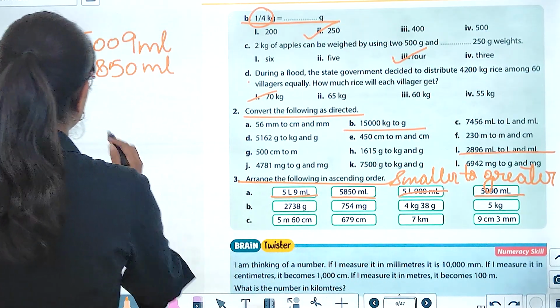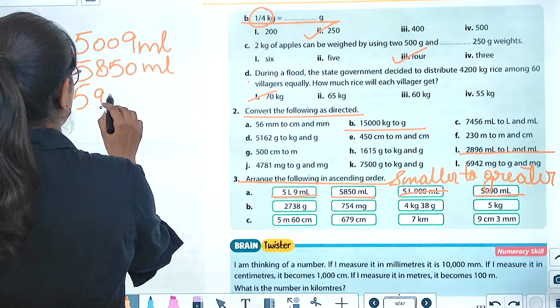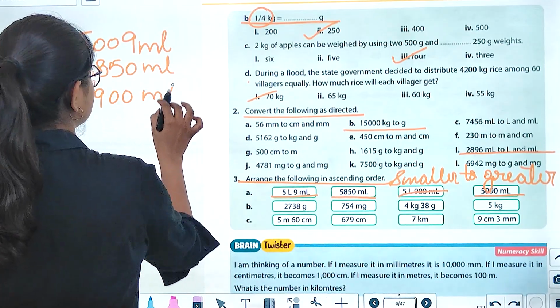Then 5 liter 900 milliliters, so it could be 5900 milliliters.